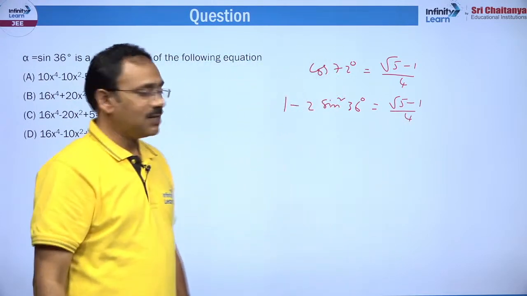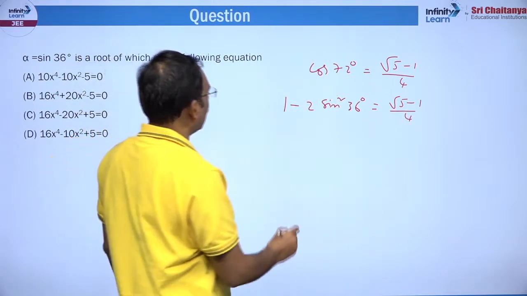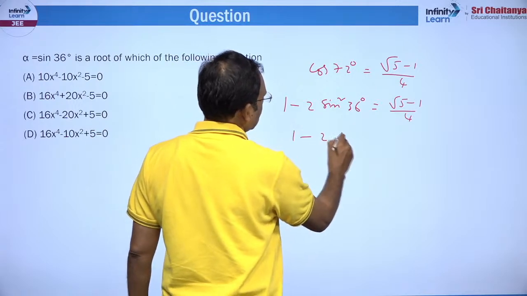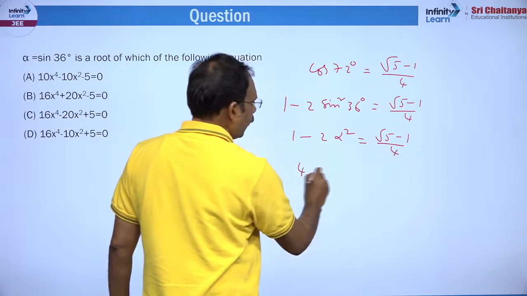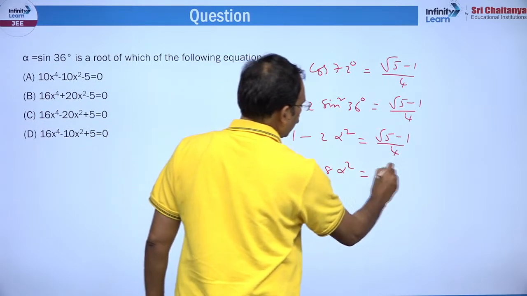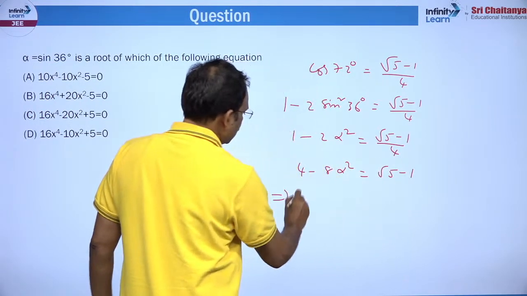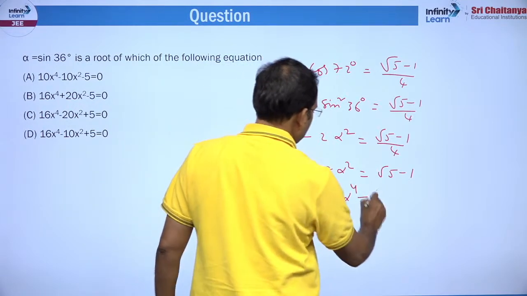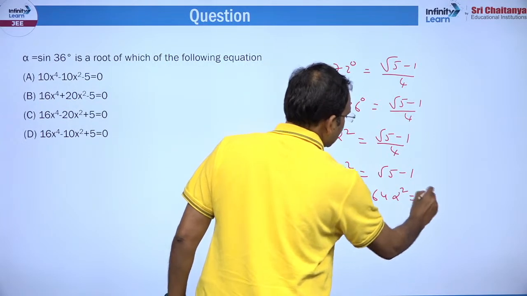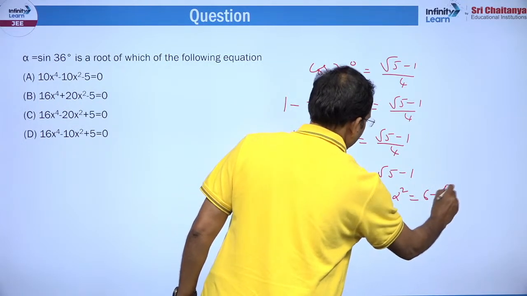Suppose you call sin square 36 degrees alpha, then 1 minus 2 alpha square is root 5 minus 1 by 4. So, 4 minus 8 alpha square is root 5 minus 1. Squaring on both sides, 16 plus 64 alpha power 4 minus 64 alpha square is equal to 6 minus 2 root 5.